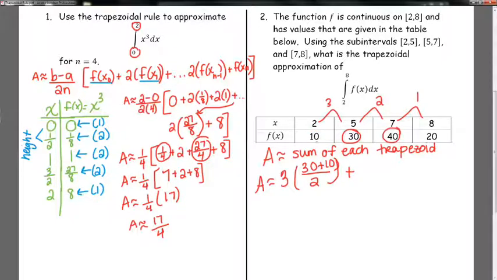So I'm going to take the height, which is 2, and multiply it by the average of my other two y coordinates, 30 and 40. And then finally, I'm going to add the height, which is 1, times the average of my last two y coordinates, which are 40 and 20.